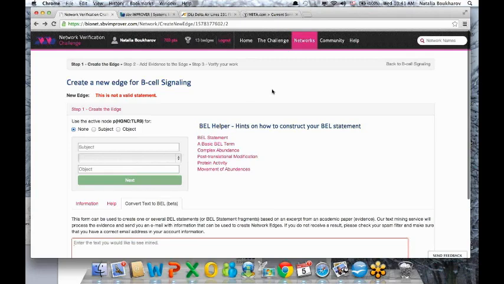Okay, that's interesting, that's good to know. And BEL statements that are already in the public domain, since you're from Selventa I suppose you know, aren't associated with a specific author, unless they could be associated with a specific paper, but not necessarily someone who constructed the BEL statement.